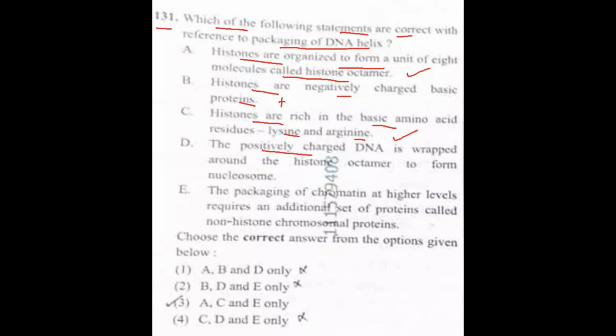Option D, the positively charged DNA is wrapped around the histone octamer. DNA is not positively charged, so this is also wrong. DNA is negatively charged. Option E, the packaging of chromatin at higher levels requires an additional set of proteins called non-histone chromosomal proteins. That is correct. So the answer, options A, C, and E. So number 3.